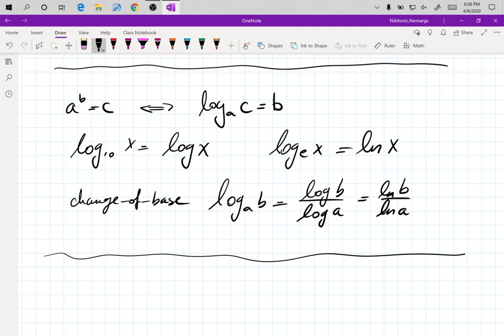Now for the physics, right, we are going to have also log base 10 for waves, which are the sound and the earthquakes and a whole bunch of other stuff that involve waves. So that's going to be log base 10. The intensity of the sound, which are the decibels, how loud the sound is, that's also going to be log base 10.